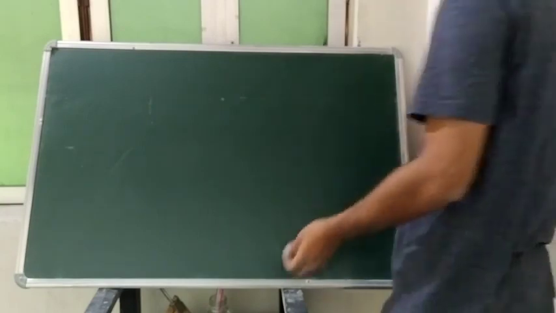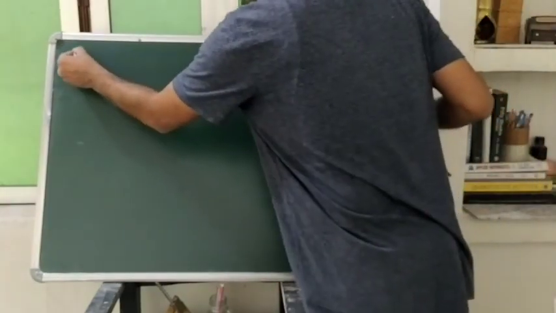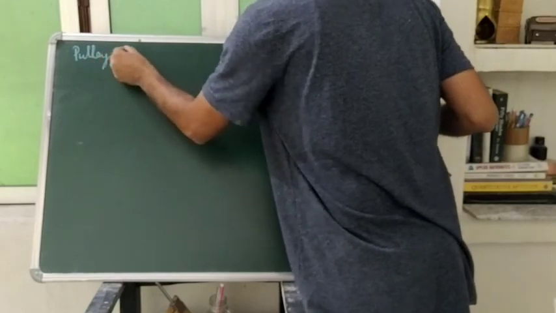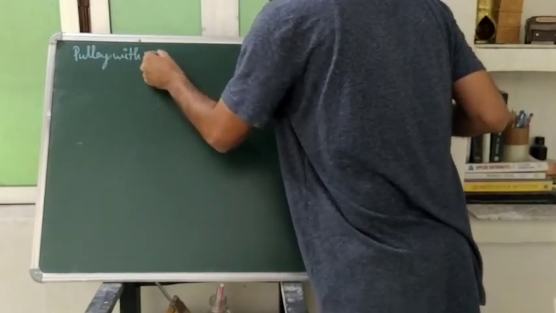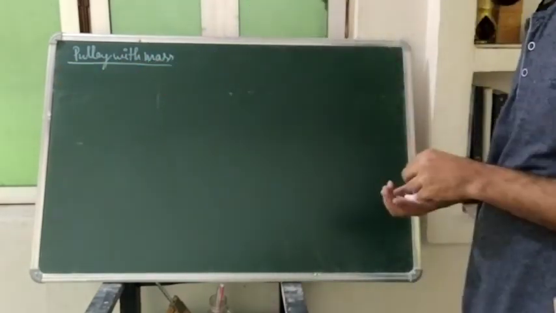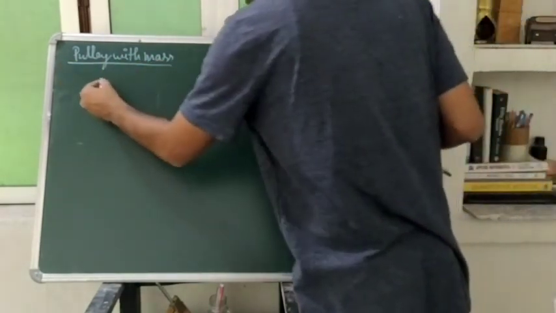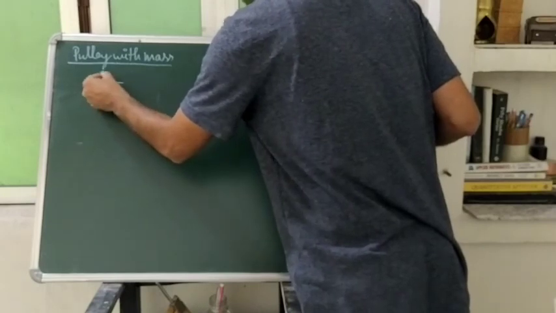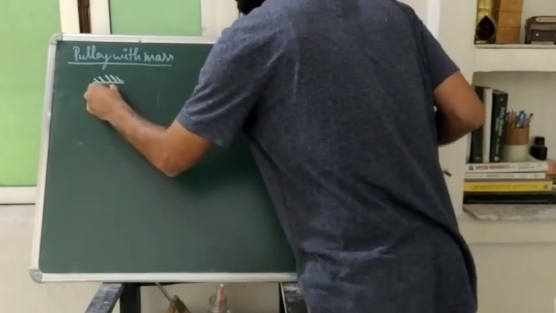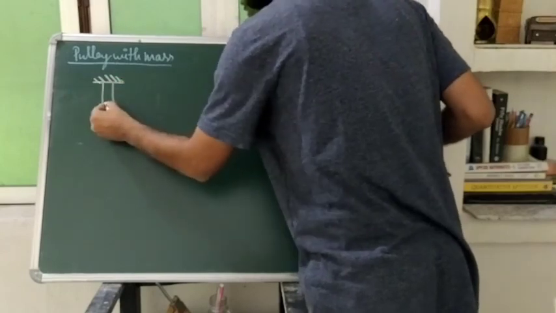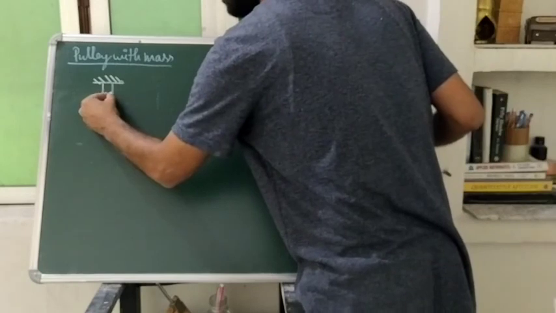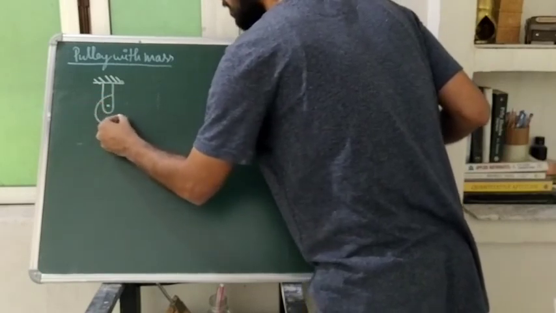Look, student, now we will talk about the pulley with mass. Okay. For that, we are assuming that a pulley is here, which is fixed to the ceiling.